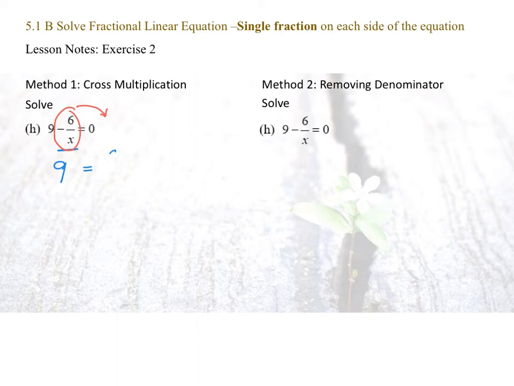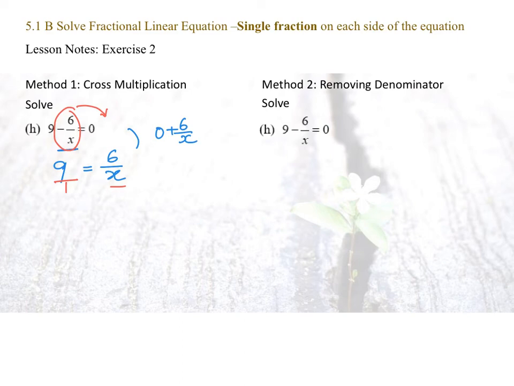That leaves me with 6 over x. Now we can do our cross multiplication. This is just the number 9 over here. We can make it into a single fraction by writing 9 over 1, and this will have 6 over x.